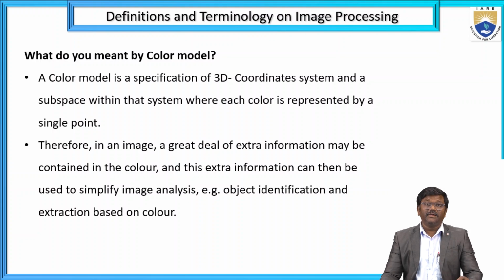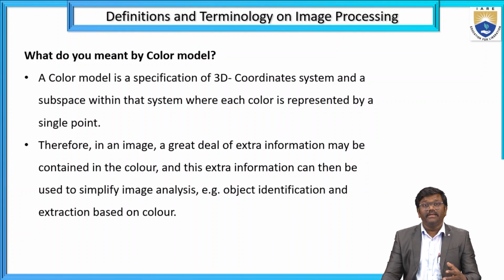Such region growing based segmentation, how can we apply? Based on the perfect definition, one of the examples which we consider is the color model. Here we define simply what we mean by color model.